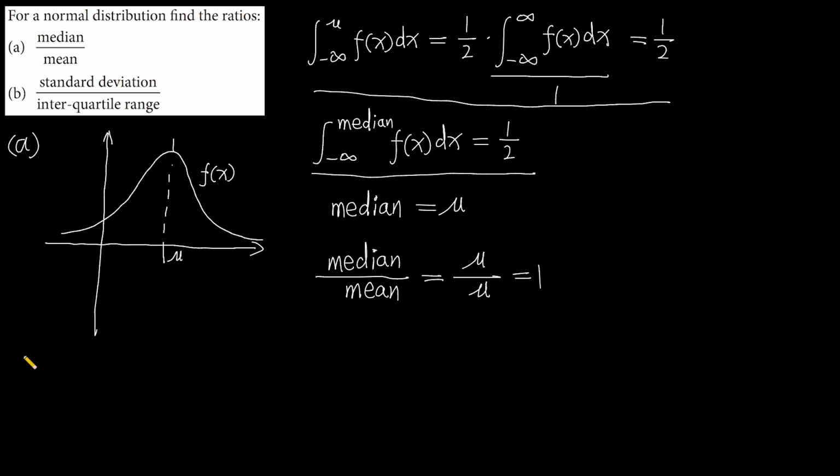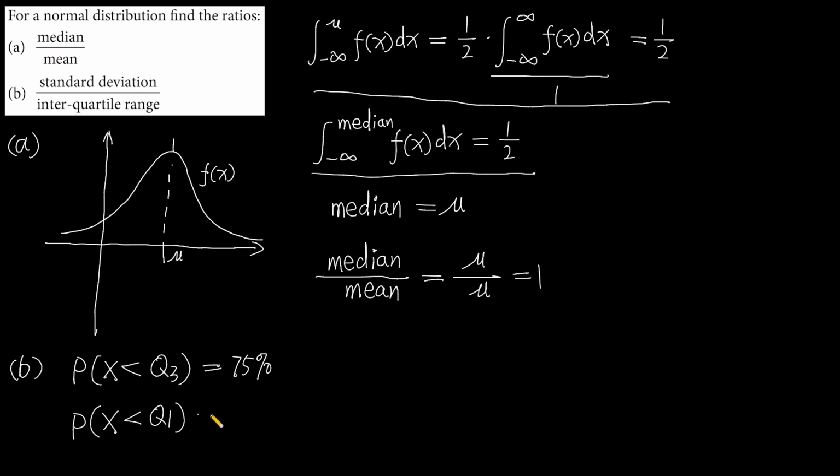Now let's do question B. The probability that the variable is smaller than the third quartile equals 75%. And the probability that the random variable is smaller than the first quartile is equal to 25%.